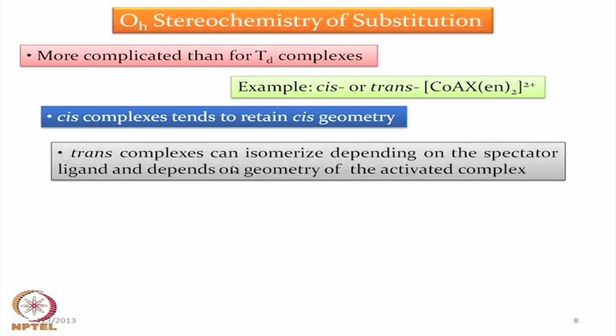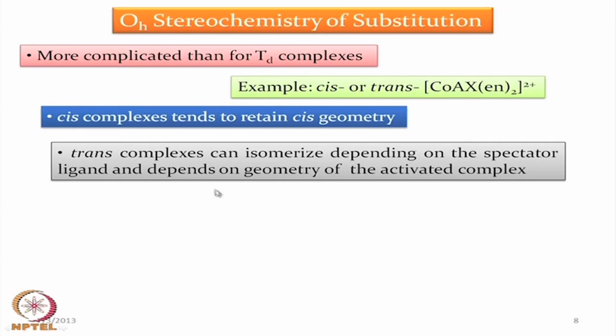Then for the trans complexes, we can have isomerization depending upon the spectator ligand and depending on the geometry of the activated complex. So, for the trans complexes we will see how the activated complex can be different from the cis complex, and this activated complex can react differently with the incoming group.